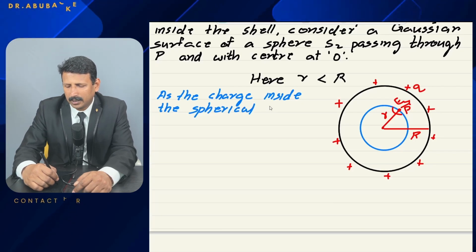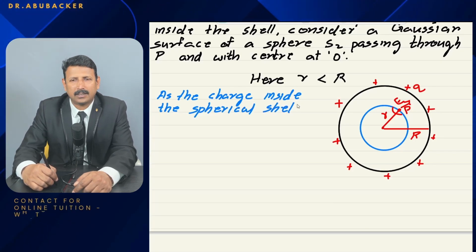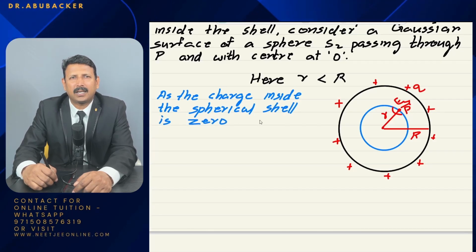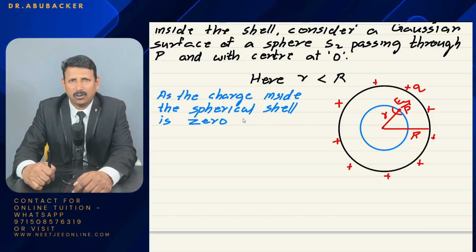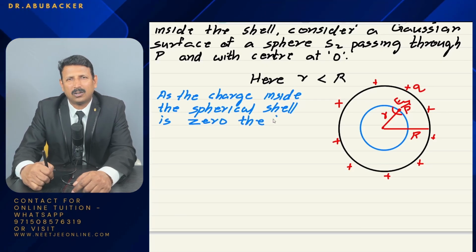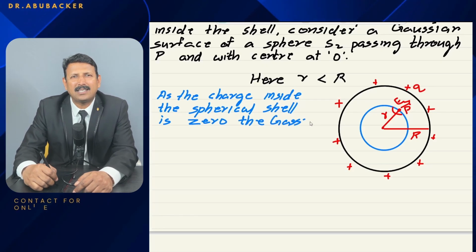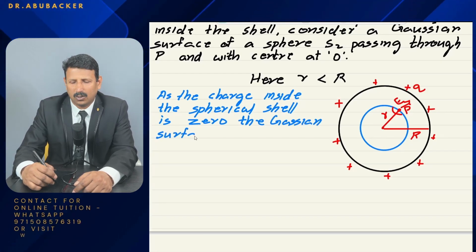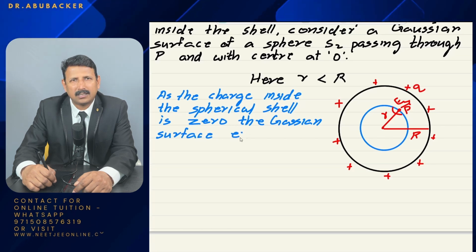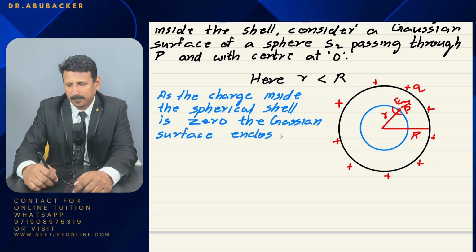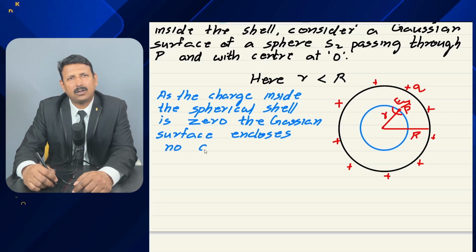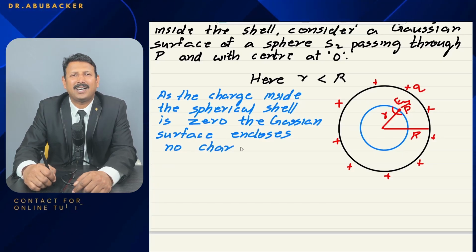The reason I am writing now is why there is no flux in this scenario. As the charge inside the spherical shell is 0, look at the diagram, does charge exist or not? No. As the charge inside the spherical shell is 0, the Gaussian surface encloses no charge.